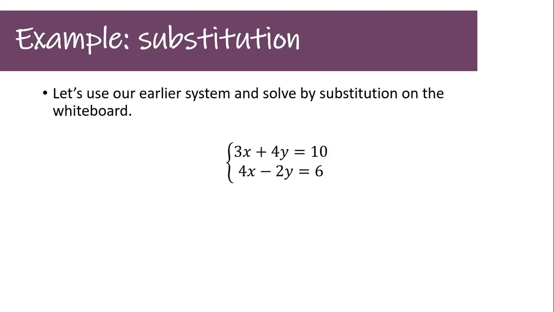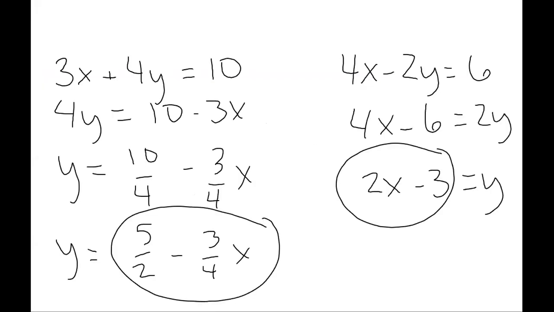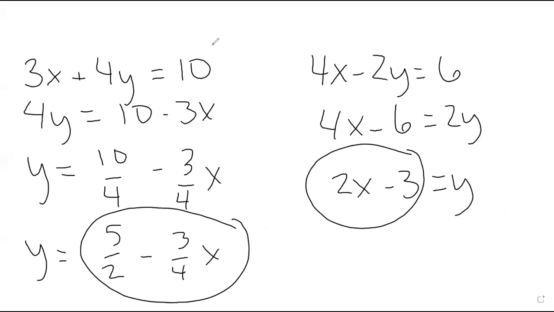So let's use our earlier system, and we're going to solve by substitution on the whiteboard. So remember, we had 3x plus 4y equals 10 and 4x minus 2y equals 6. So I'm going to take us back to the whiteboard, and I am going to erase everything. I'm actually just going to clear it, I think.